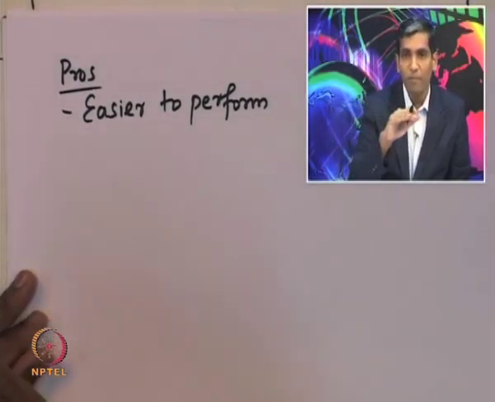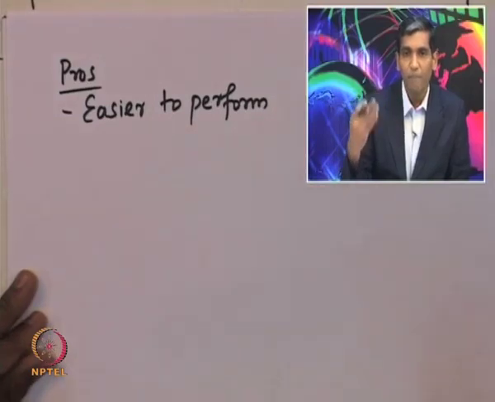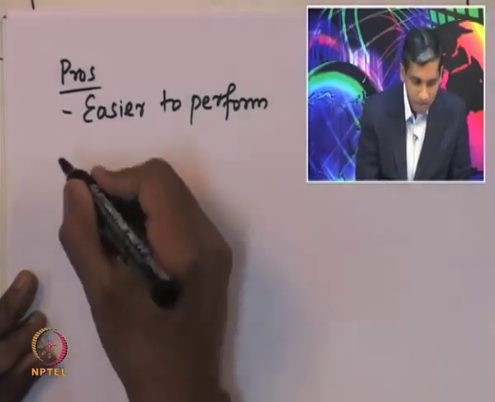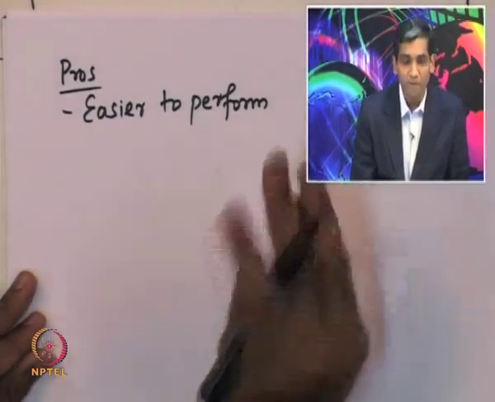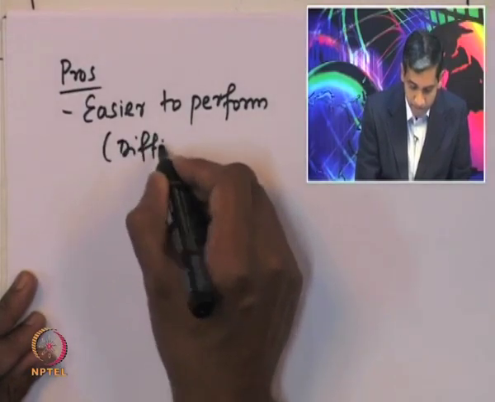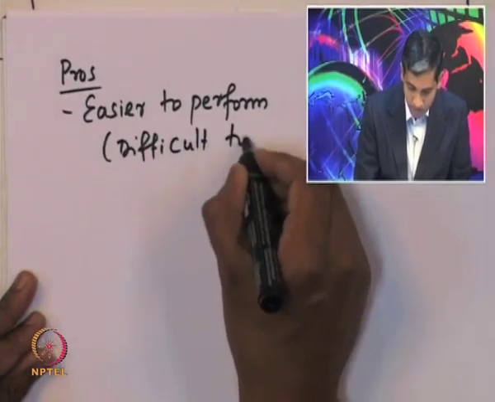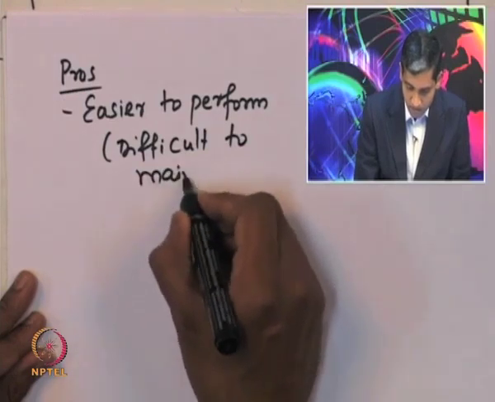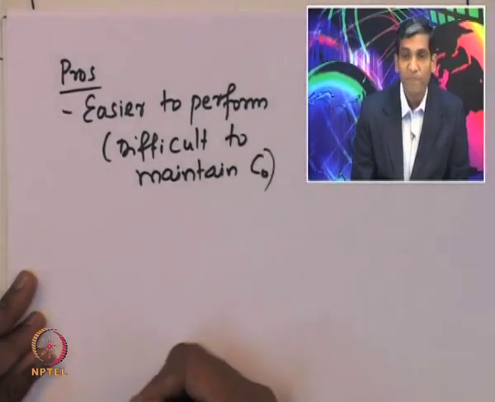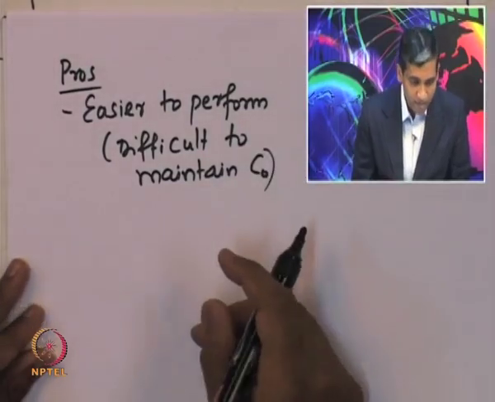One may not be able to maintain exactly that level, but it is much better than giving a pulse input, because in the pulse input a certain fixed quantity of the tracer has to be fed in a very short time period. So, it is easier to perform the experiment, although it may be difficult to maintain a certain fixed concentration C naught, because of certain experimental limitations.